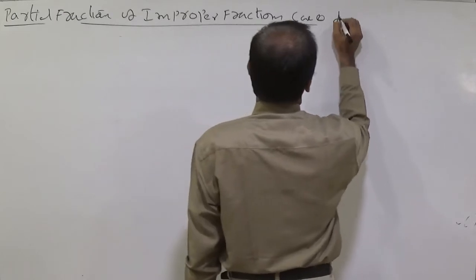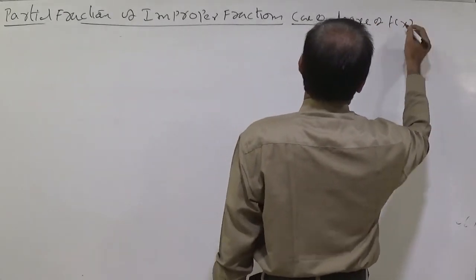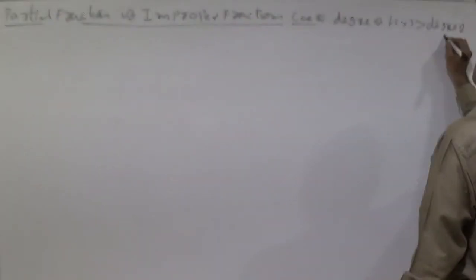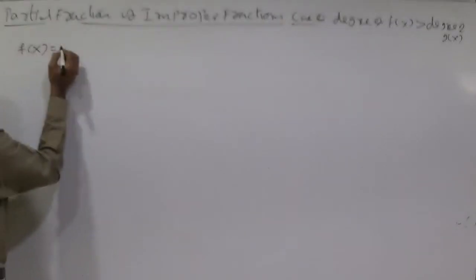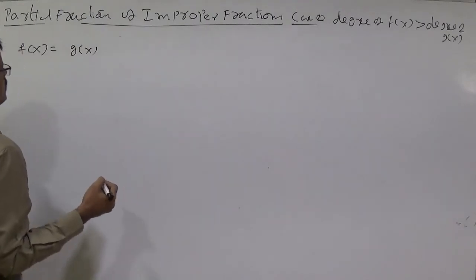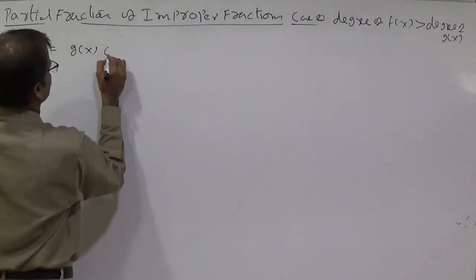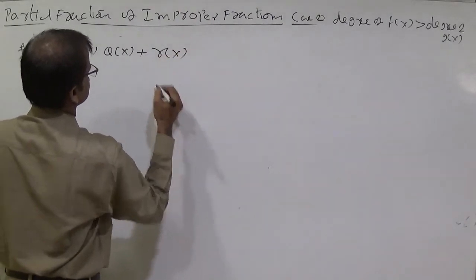Now you write case 2, that is degree of f of x greater than degree of g of x. This one you can write as f of x is equal to g of x into q of x plus r of x.